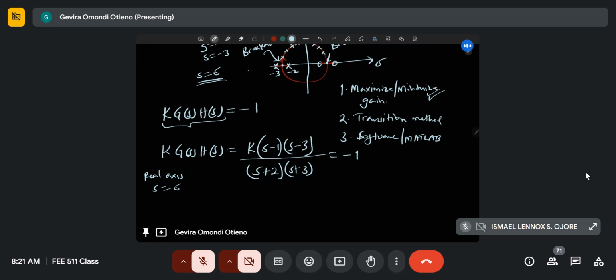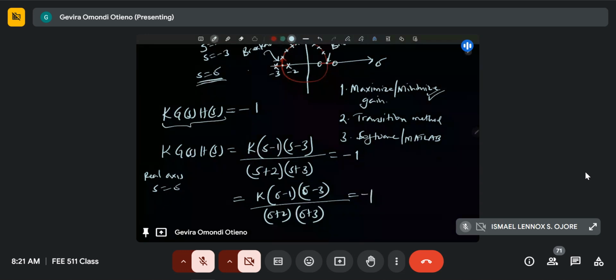Therefore, we can represent this differently and say K times the function of sigma, because S is now real, is equal to -1.